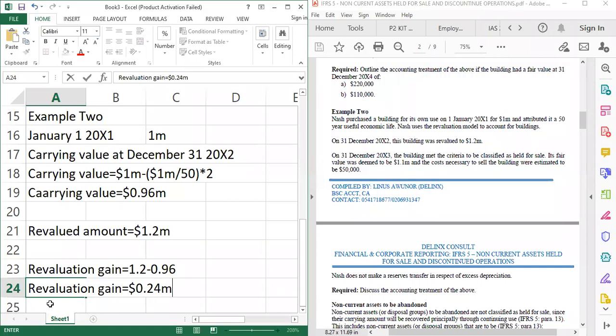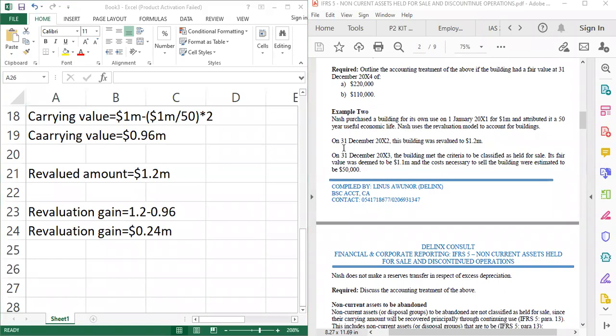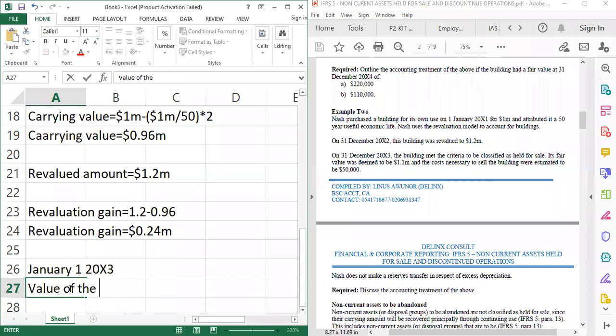0.24 million. All right. So from the beginning of 2x3, January 1, 2x3, what will be the new value of the asset? It will be 1.2 million.